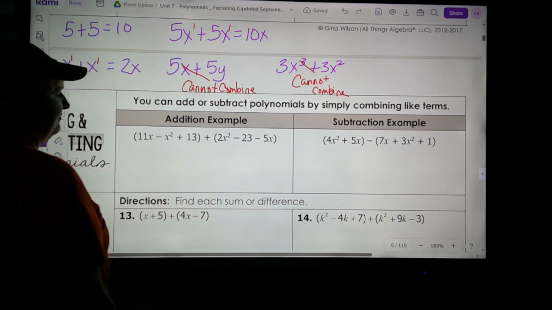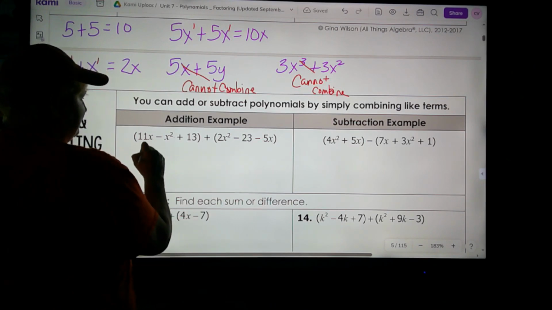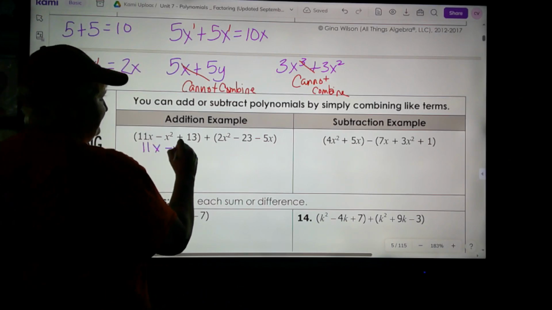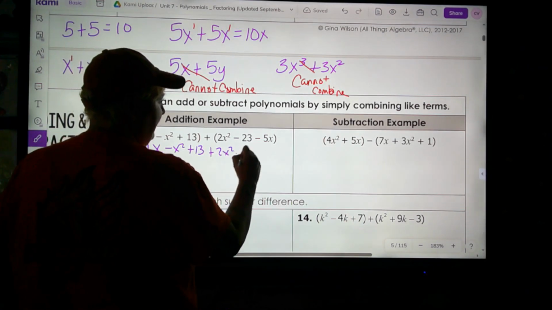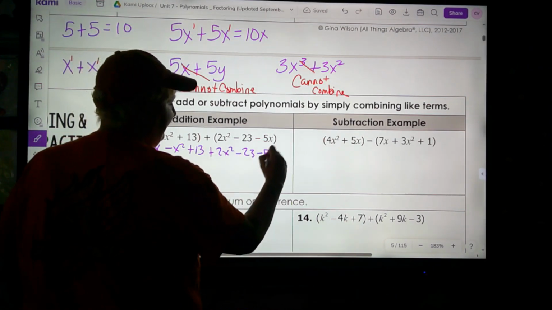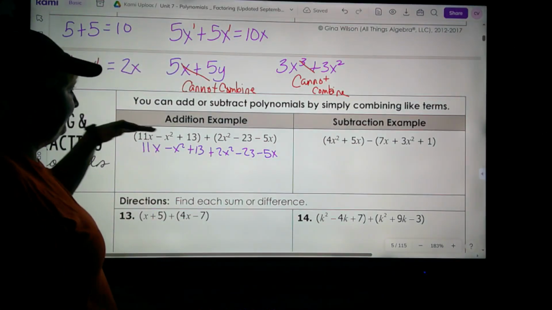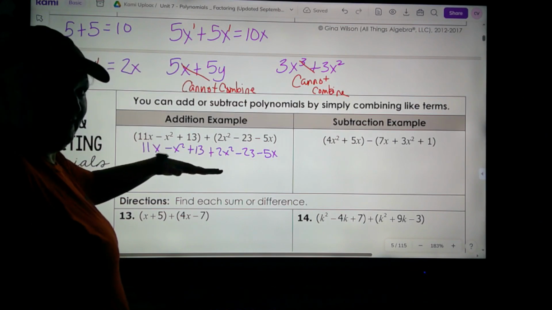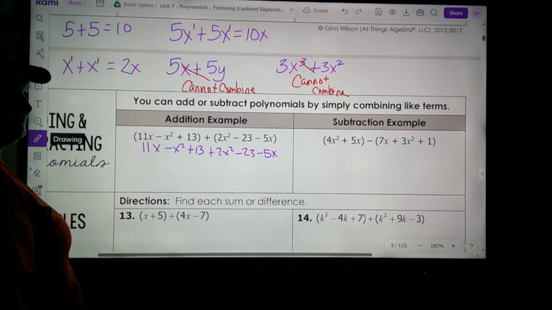Right? Drop the parentheses. 11x minus x squared plus 13 plus 2x squared minus 23 minus 5x. I literally just took this and dropped it down outside of the parentheses. And then combine your like terms.